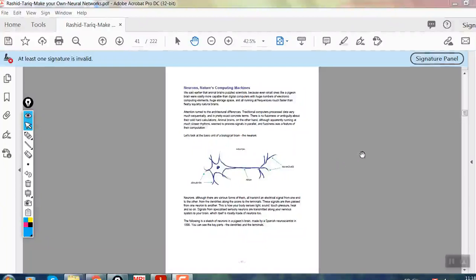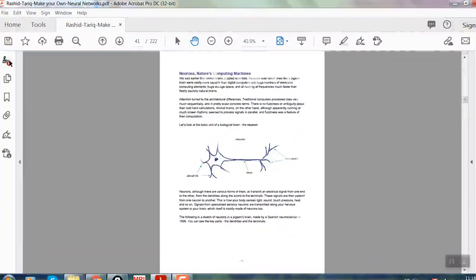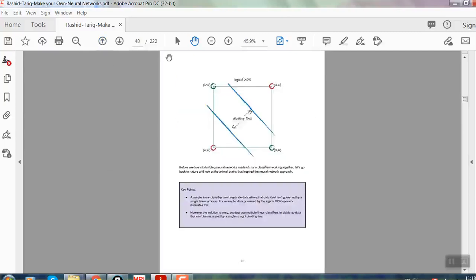In the previous sessions, we talked about linear classification and some examples of it. The last example was XOR, and we said that in some data, one line is not enough for classification.